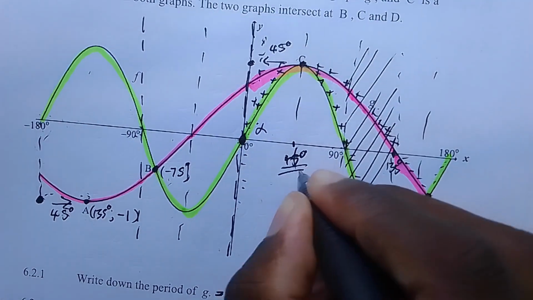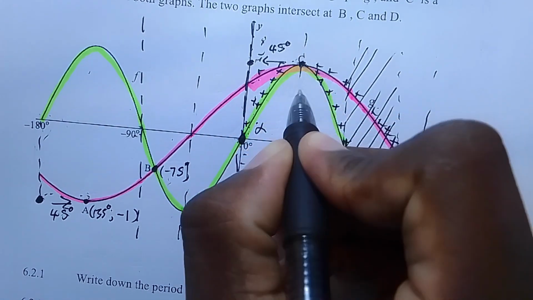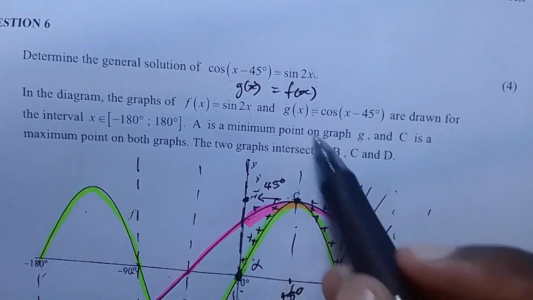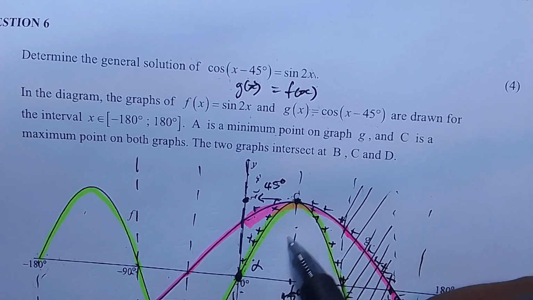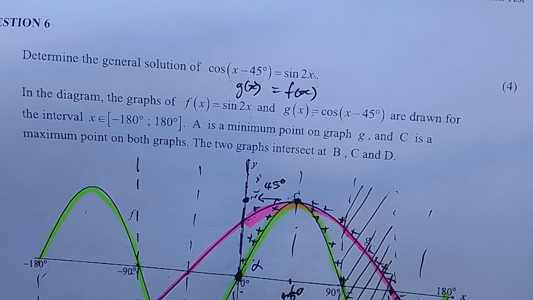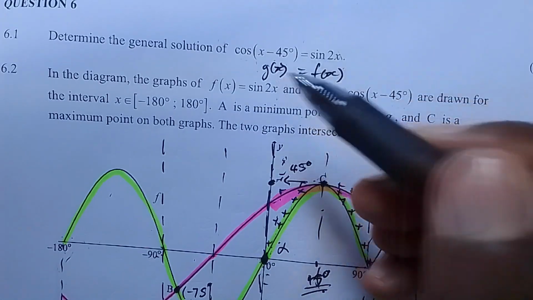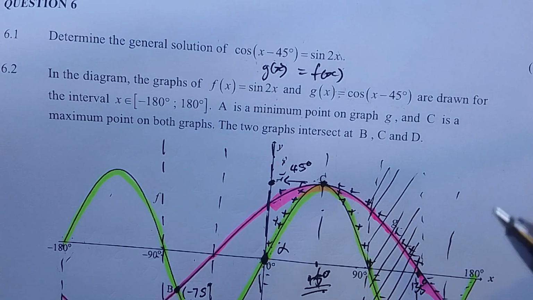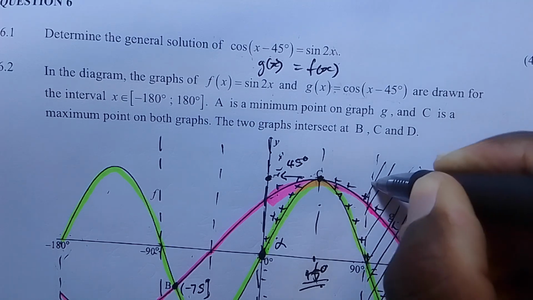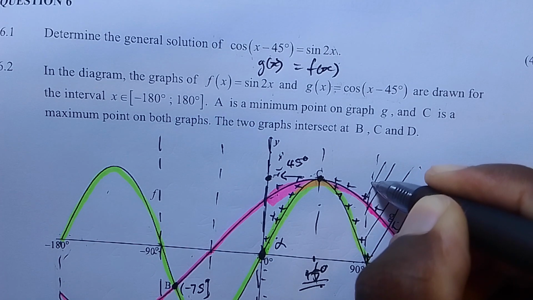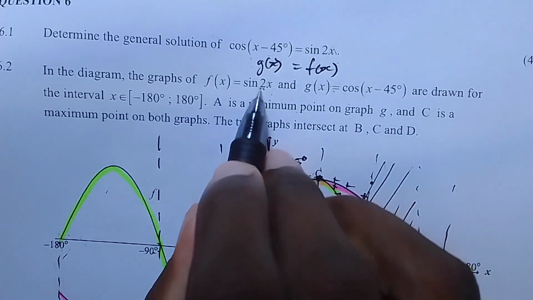It's equal to 45 degrees because the cosine graph shifted 45 degrees to here. Or you can say the maximum of the original sine was at 90, and you divided it by 2, because this divides the period and it divides every value you have.